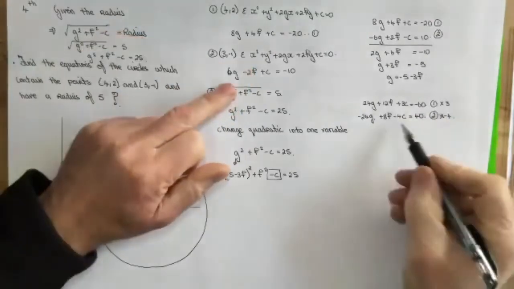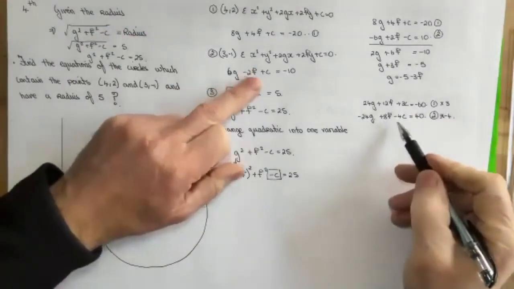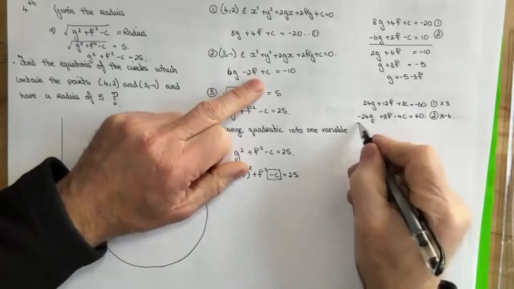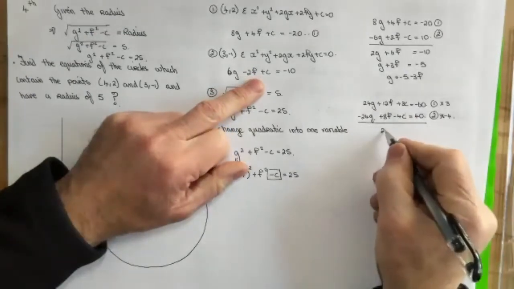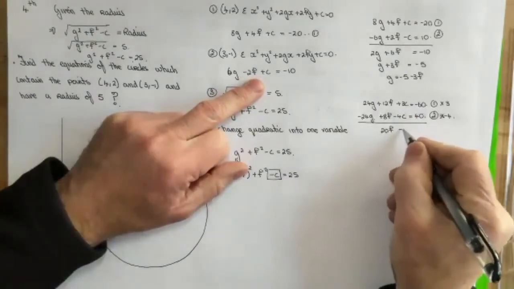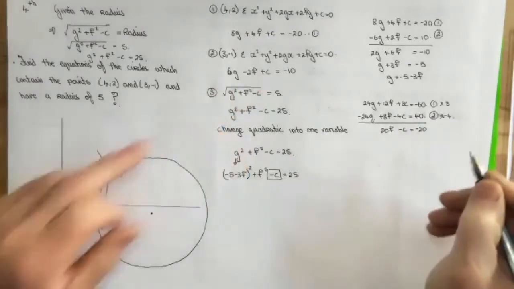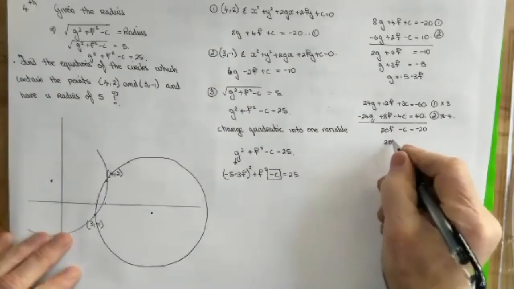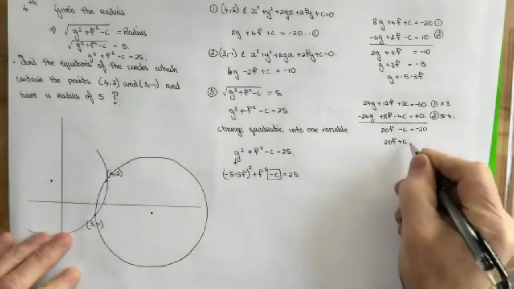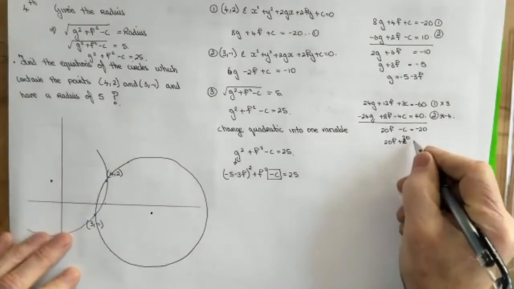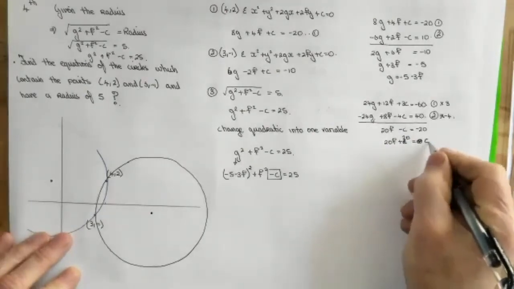Is that correct? Minus 24 plus 8, minus 4, plus 40. And I will get 20f minus c is equal to minus 20. So 20f plus 20 is equal to c.